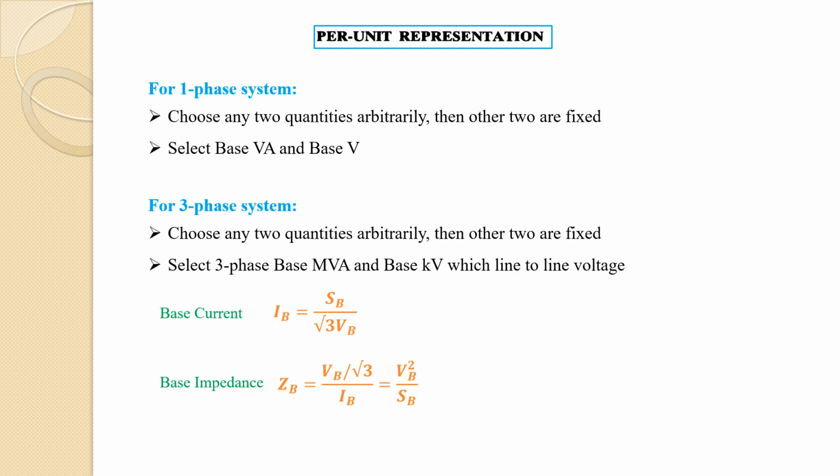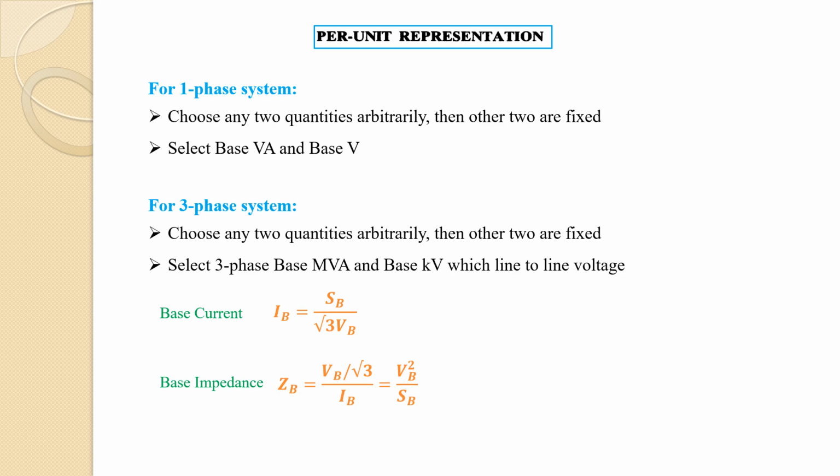For a three-phase system, which is a practical power system, again we'll be choosing two quantities arbitrarily and that will be fixing the other two quantities. Then we need to select the base volt amperes, but because this is a three-phase system, usually the volt amperes are specified either in MVAs or in KVAs. If it is specified in MVA, then we need to select the three-phase base MVA and base kV, which is the line-to-line voltage.